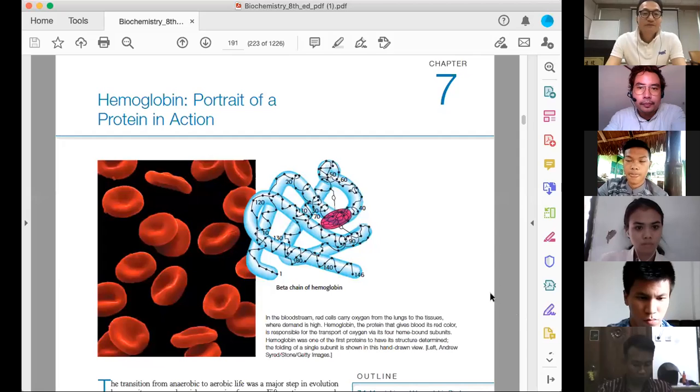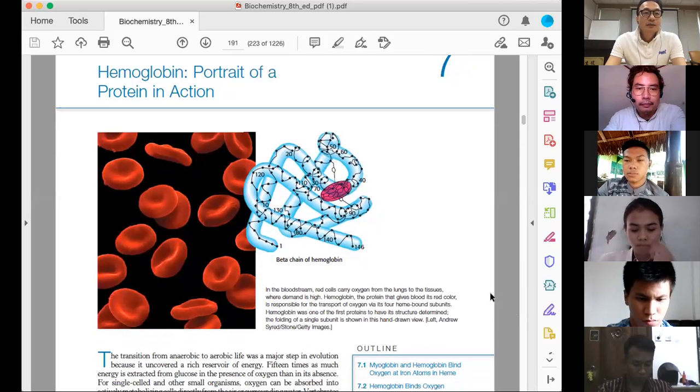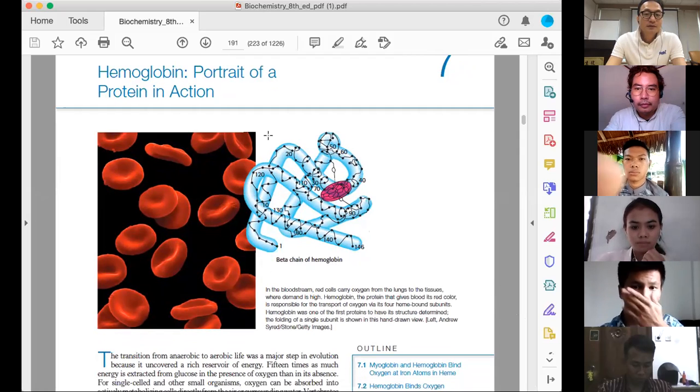Okay, I believe all of you already have the file, which is in chapter 7. The first thing I would like to say is, you see the blue structure right here. This is a beta chain of hemoglobin.